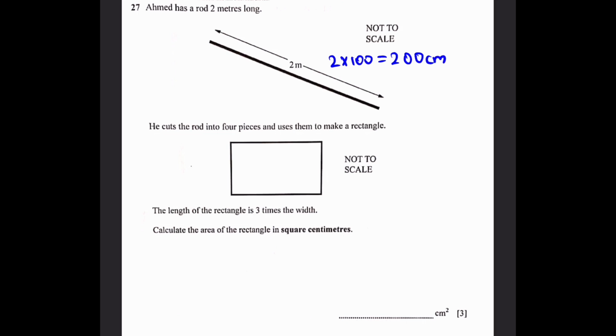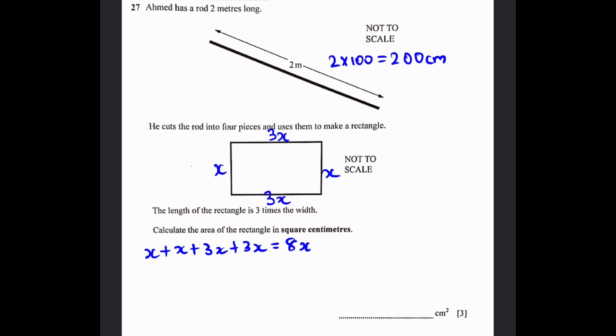Then we have the sides. So we know that the length is 3 times the width. Let's take the width to be x, then the length is 3x. And then this length is 3x, this length is x. So if we add them, x plus x plus 3x plus 3x, it'll be 8x.